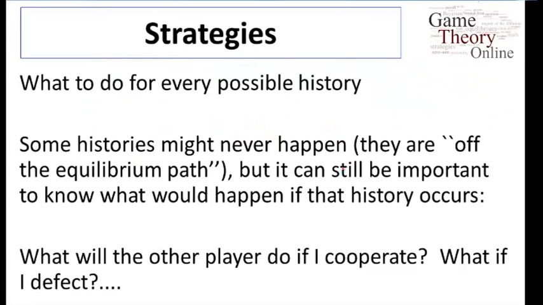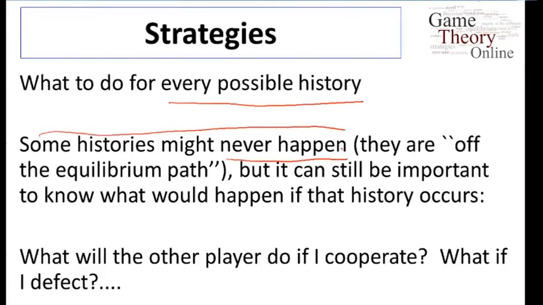Right? So strategies are listed for every possible history, and it's very important that even though some histories don't happen, right? So suppose we end up cooperating in the first period, it's still important to know what would have happened if a player had defected. So how would they have reacted if you change your action.